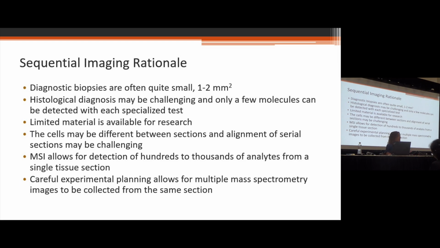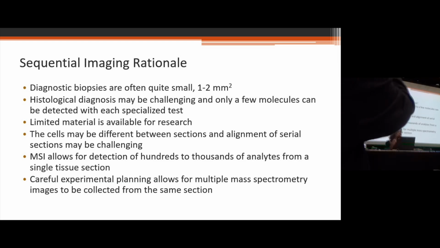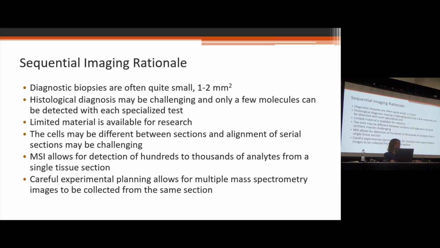And so of course, if these biopsies are that small and are being used to diagnose, there's not a lot of material left over for research, so we need to be able to do as much as possible from a single section of tissue. And as well, if you're using serial sections, you don't necessarily have the same cells in the serial sections, and the alignment of serial sections can be challenging.